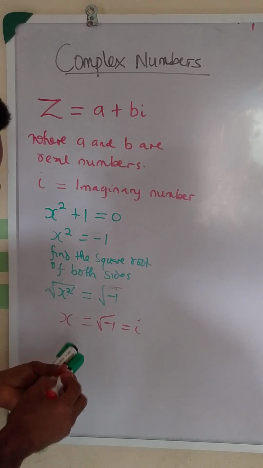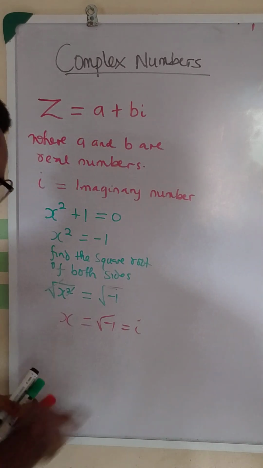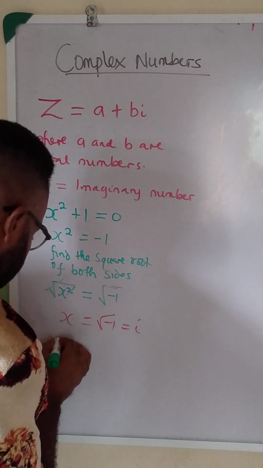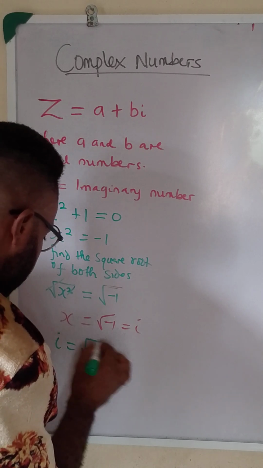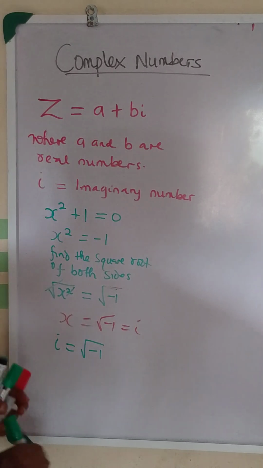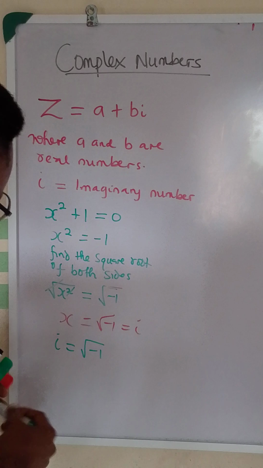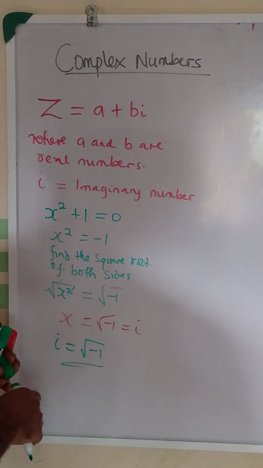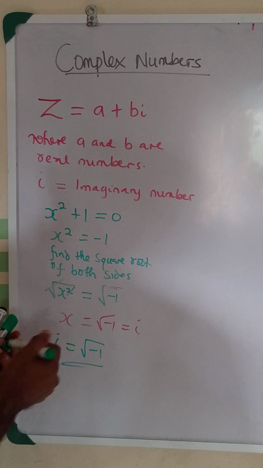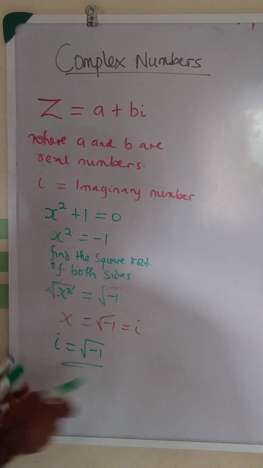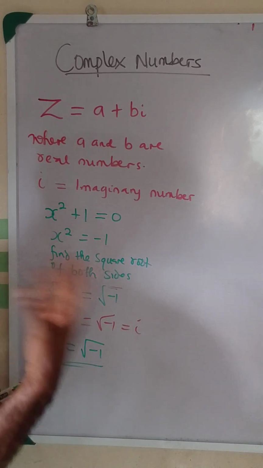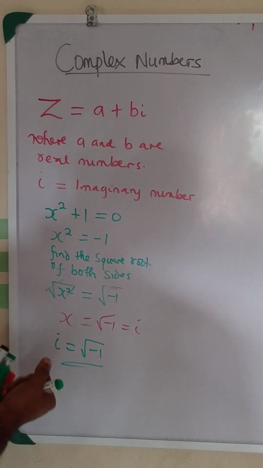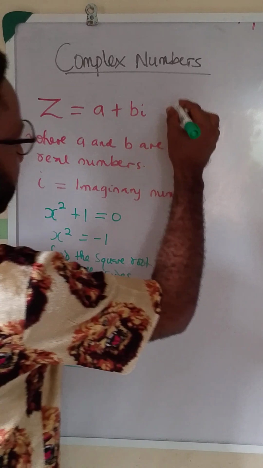So in this sense, you can say that i equal to the square root of minus 1. And with this relationship, you can find i squared, i cubed, and so on. You can use that relationship to determine quite a lot of things.